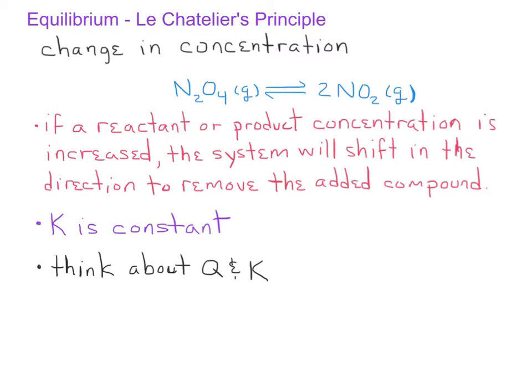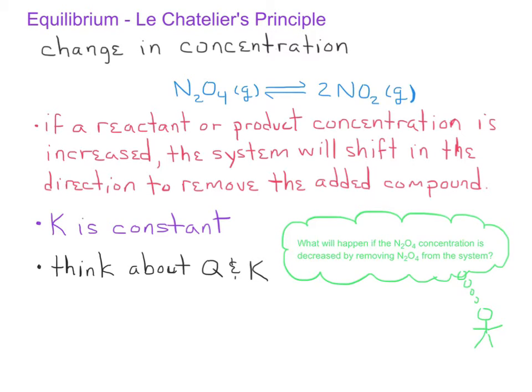Another way you could think about Le Chatelier's principle when we're changing the concentration of reactants or products is you could imagine that we're essentially comparing Q after the change to the equilibrium constant. And so when you compare the reaction quotient and the equilibrium constant, that will also tell you which direction, right or left, the system will shift to reestablish equilibrium.